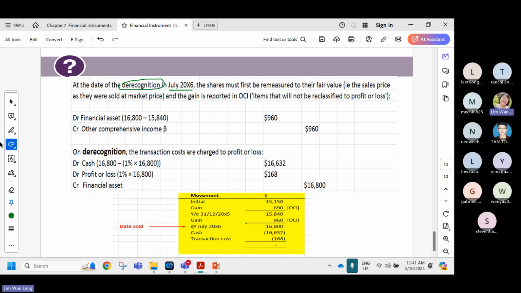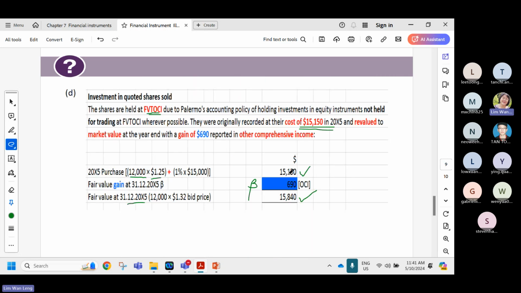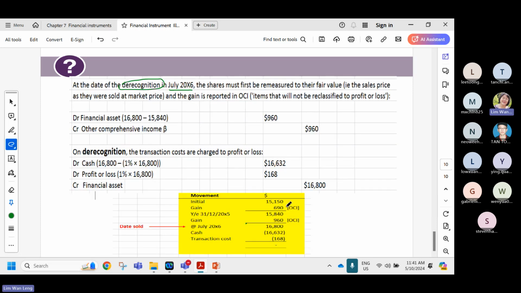So just now, what we have seen is 15,150. This is at year end. Year end, you remeasure. Then you get some amounts of gains. And since you have not sold, this particular 690, even though it's a gain, it is still unrealized. So it's here, and here. 15,840.